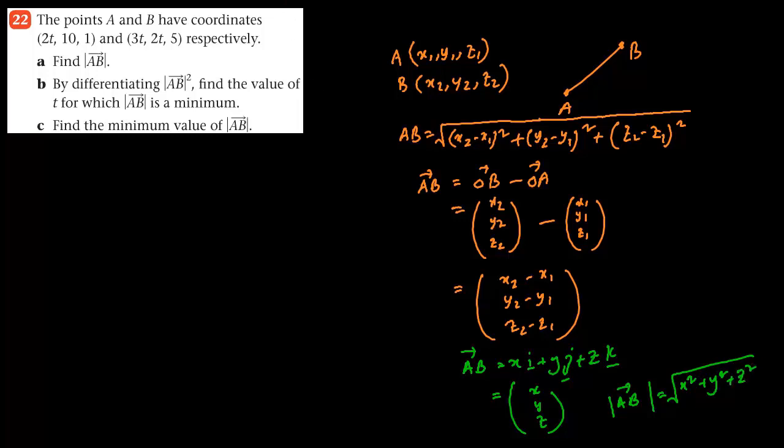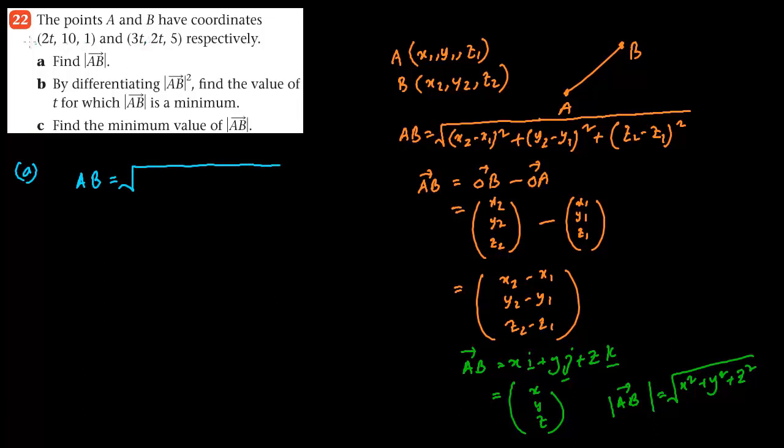That's it. Now, in question number A, we have to find the modulus of the vector AB. That means the length of the line AB. Remember, the modulus of a vector is the same as the length of that line. So we can simply write AB equals square root.